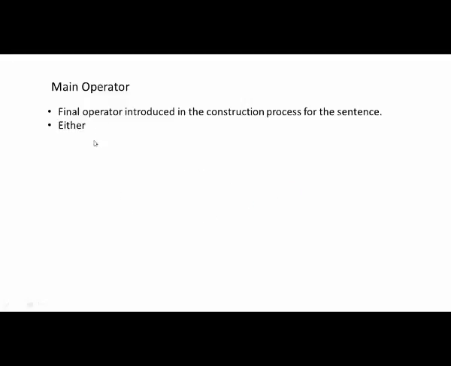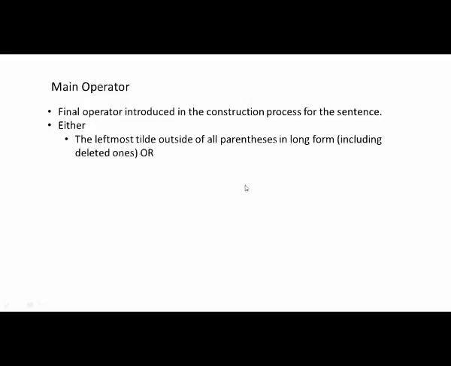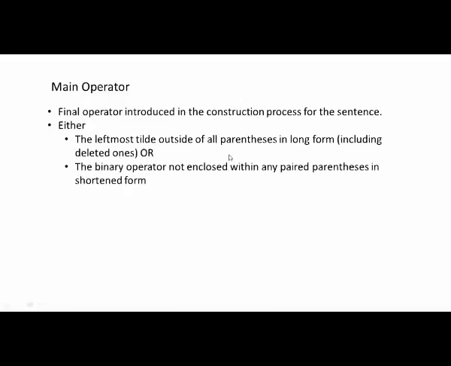It will either be the leftmost tilde outside of all parentheses in long form, that is, including the deleted parentheses. So it has to be a tilde on the outside of everything. Or else it will be whatever binary operator is not enclosed within any paired parentheses in shortened form. That is to say, if you have deleted parentheses on the very outside, then the binary operator that's not inside of any paired parentheses would be that operator.